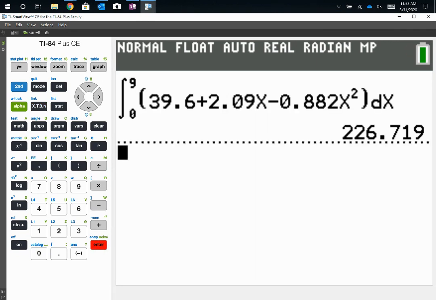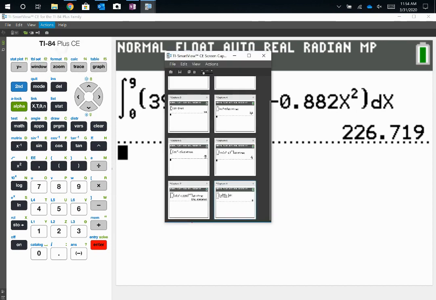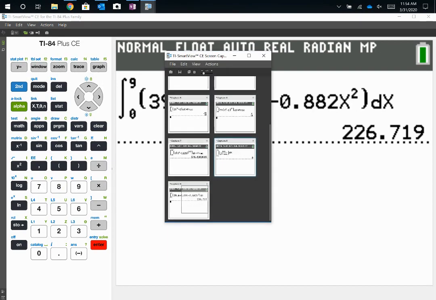And the answer would have to be in the nearest whole number, which is 227. So let's put that screen in to show you guys how I got that answer.